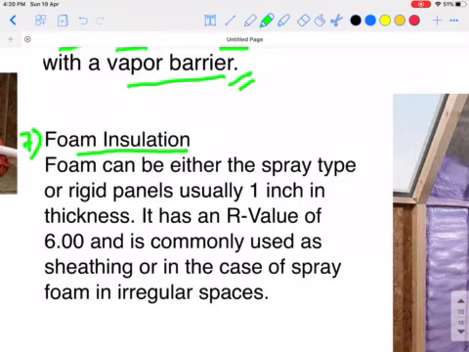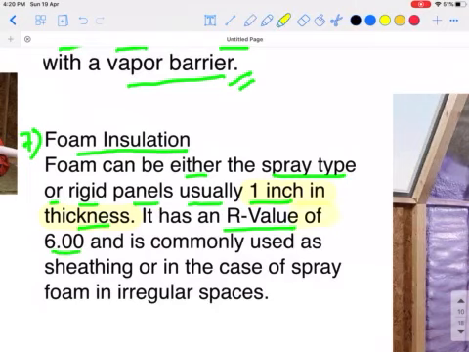Foam can be either the spray type or rigid panels, usually 1 inch in thickness, and it has an R value of 6.